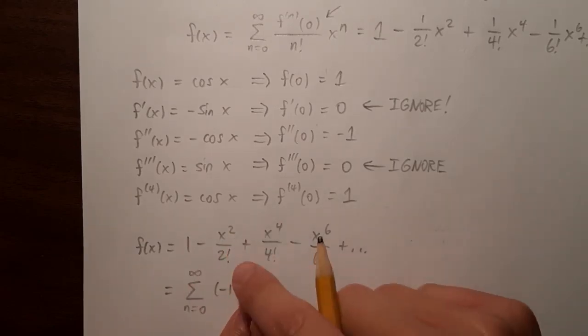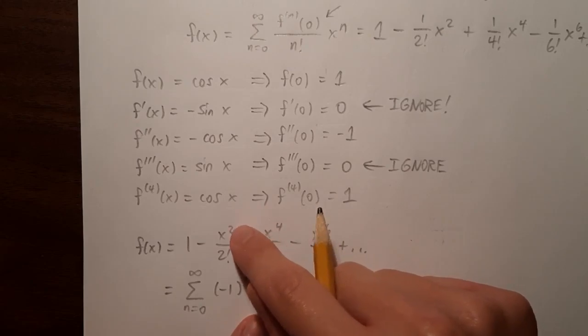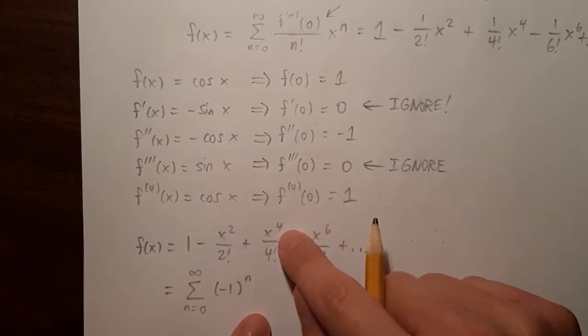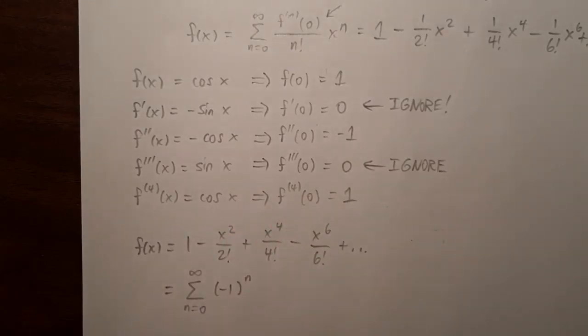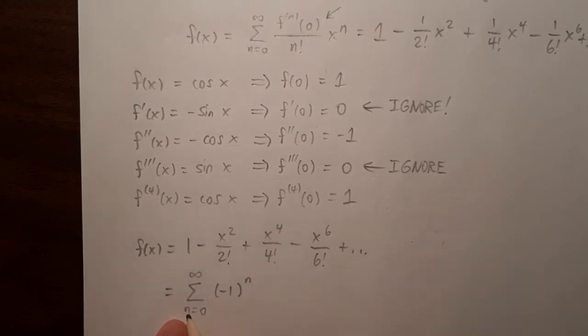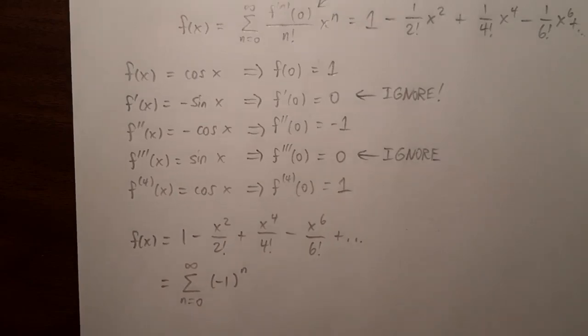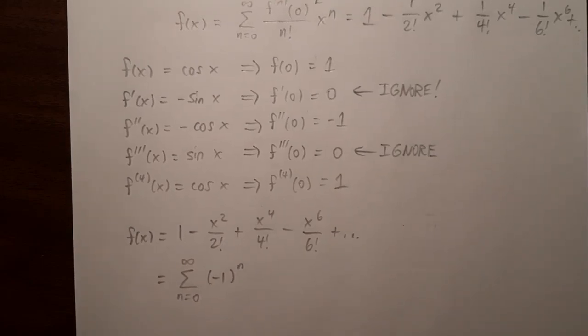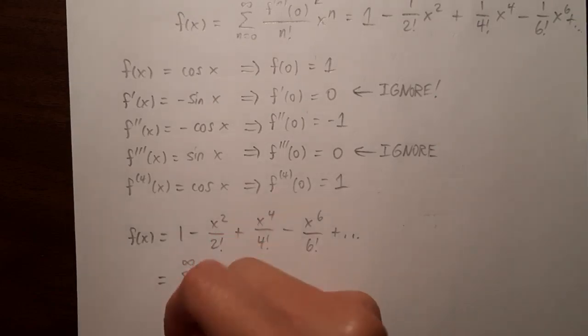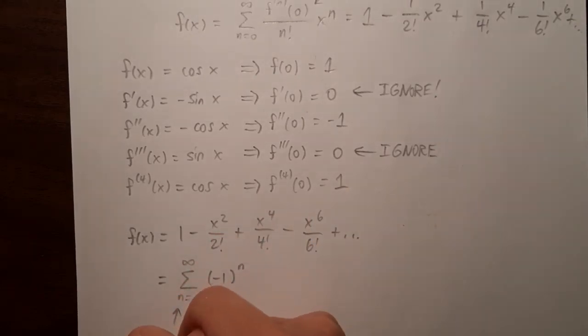And over here, we have the next even number, 2, and then 4, the next even number, 6, and so on. So instead of letting n represent every possible power of x, even the ones for the coefficients which are 0, let's let n represent the nth even number.